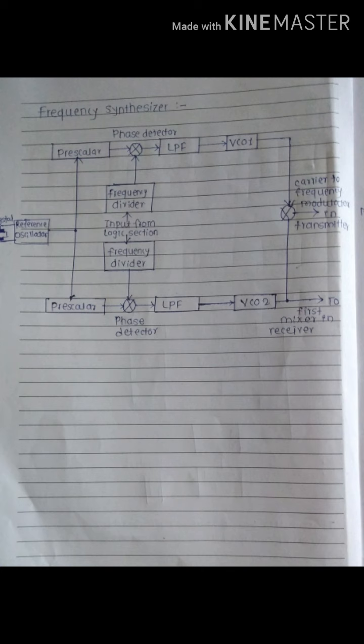The feedback path is available with the frequency divider through the VCO and the phase detector. The frequency divider block's main function is to receive the divide by number, which comes from the mobile telephone switching office.